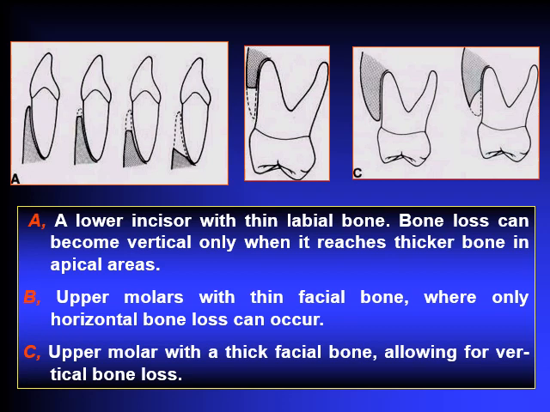This is a lower incisor. As you see, there is a thin labial bone. So, when the radius of action or effectiveness is within the range of 1.5 to 2.5 millimeters, there is complete destruction of this thin bone, because it is within the effectiveness of these locally produced bone resorption factors.